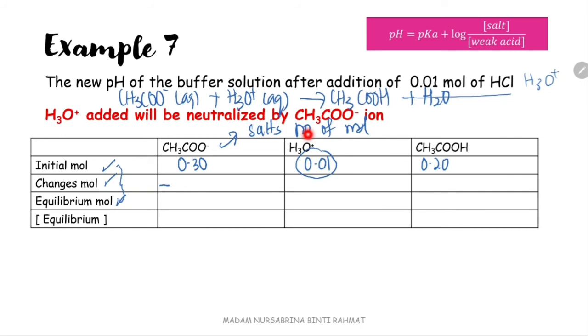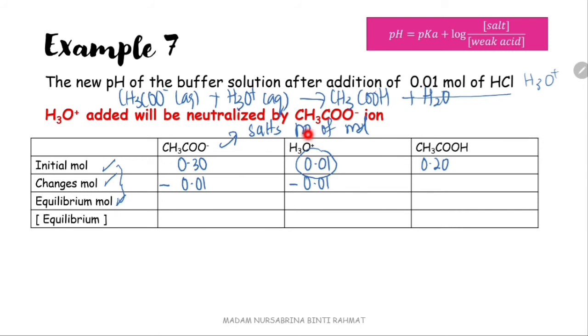We add 0.01 mole of acid, so the change for your conjugate base depends on how much of the added acid is neutralized. So 0.01 mole of acid is neutralized, therefore the change for your conjugate base is 0.01 mole negative, and your added acid is 0.01 mole negative because we want to remove all the added acid.